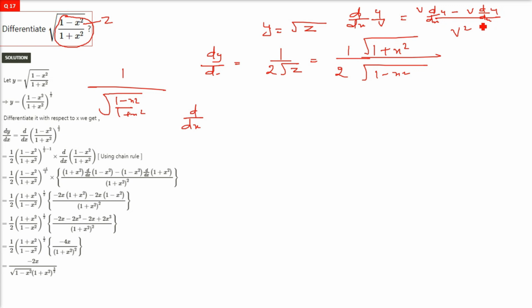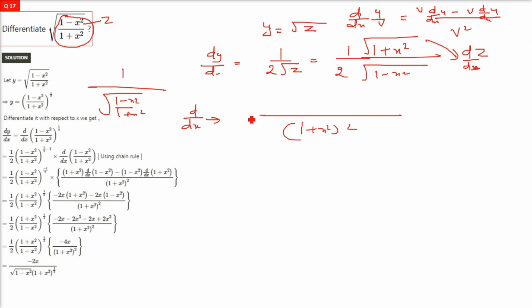You can just see that u has to be in the numerator, v in the denominator, then we follow this kind of quotient rule. This first part is already done. Now we are differentiating the content inside the root.